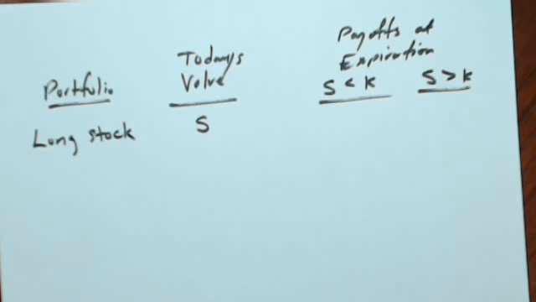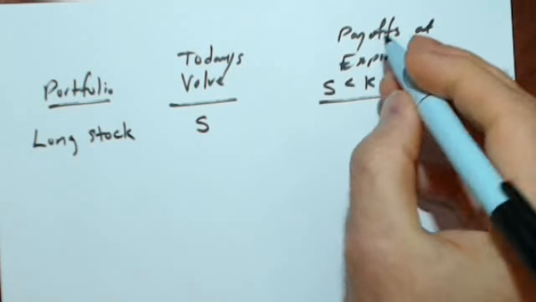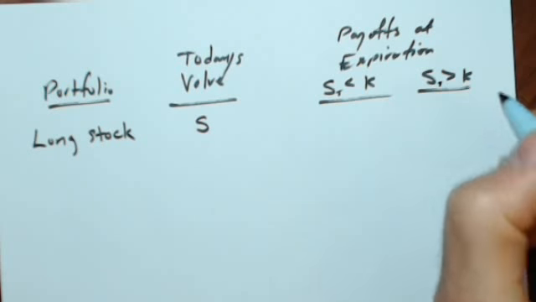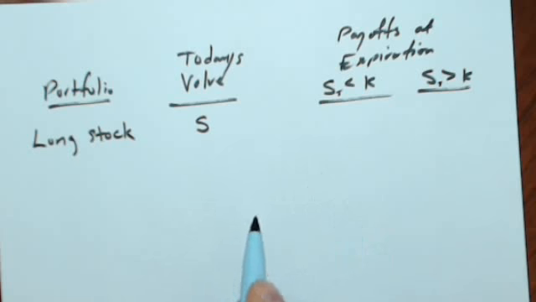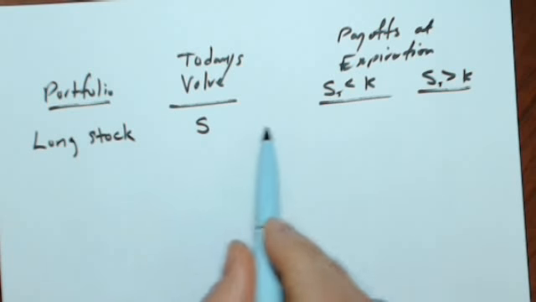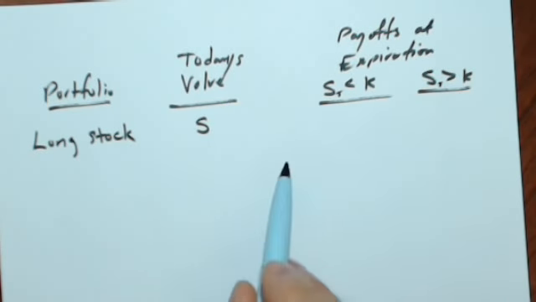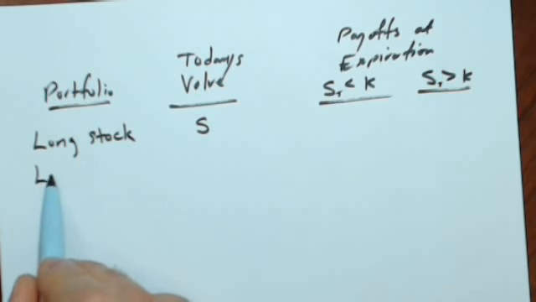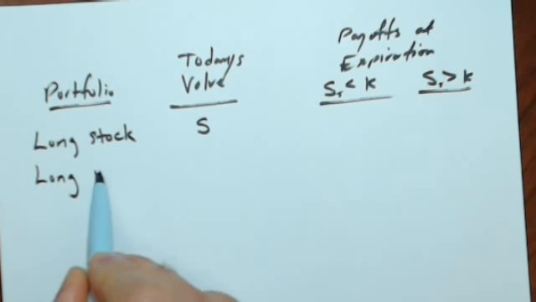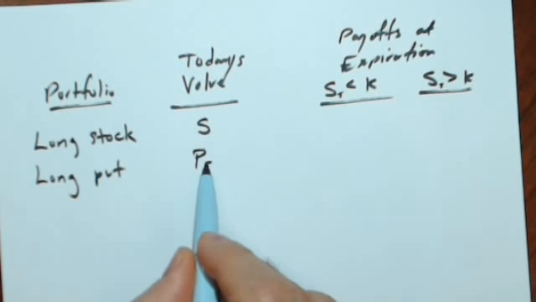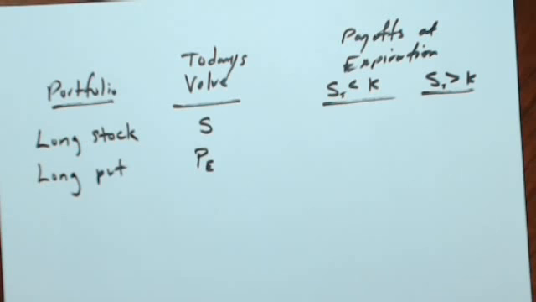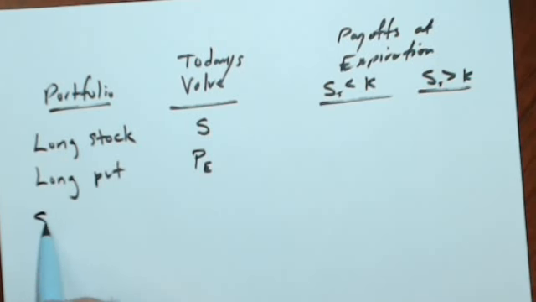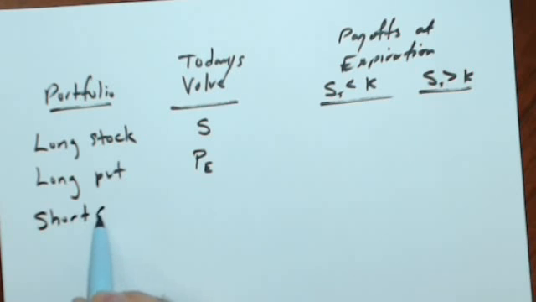Call it S subscript 0 if you want, but I'll leave that subscript out. And I could, by the way, put little capital T's in here. So we have a long stock, and we'll figure out what the payoffs are at expiration in a second. Let's look at the rest of the portfolio. We're going to go long a put, and the value of that put is going to be P subscript E. Now we're also going to short a call option.